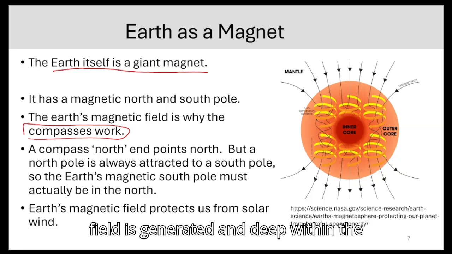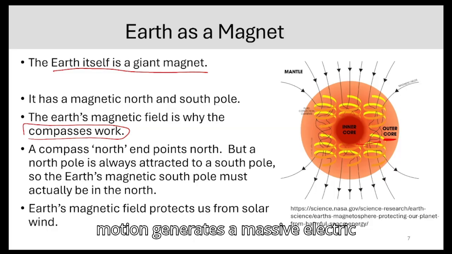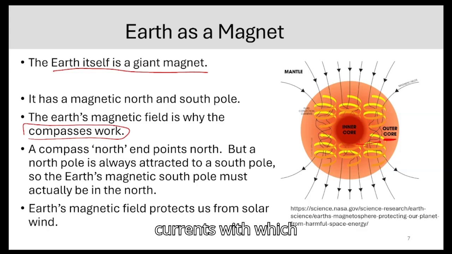The Earth's magnetic field is generated deep within the planet by the movement of molten iron in the outer core. This motion of the molten core is known as a geodynamo, and this motion generates massive electric currents, which in turn, like we said, if there's an electric current, it will result in a magnetic field.